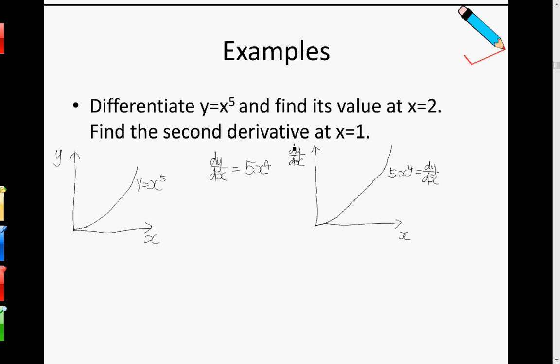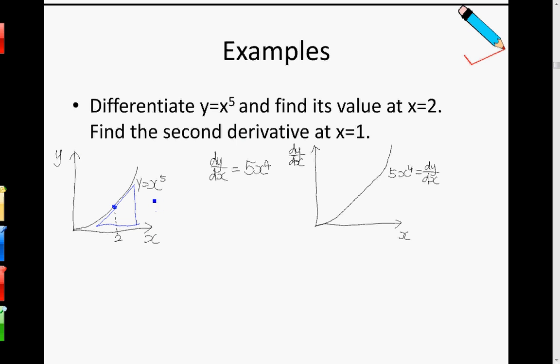For example, if I want to find the gradient at x equals 2, let me come to this graph and go to x equals 2. So what I actually have to do, let me use another color, is find the gradient line here. By right this should be the one spot that touches.